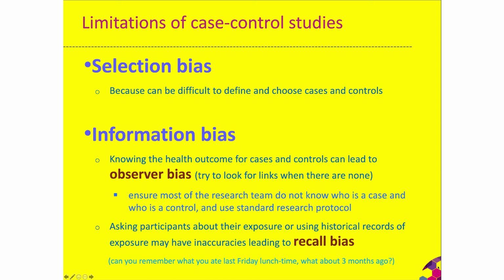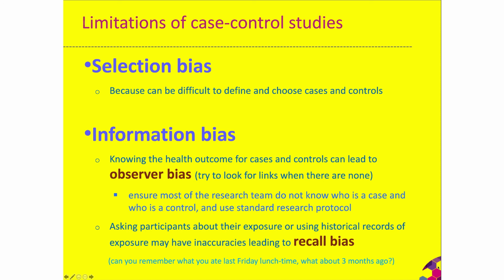And the information bias that affects case control studies is observer bias. Because we know the health outcome, because we know that the cases have a health problem, we can start looking for connections between the health problem and the exposures, and we may create bias by trying to create links that are not there.